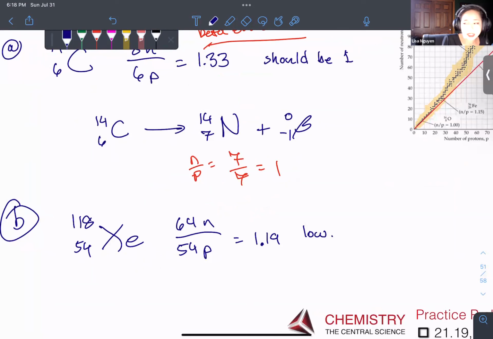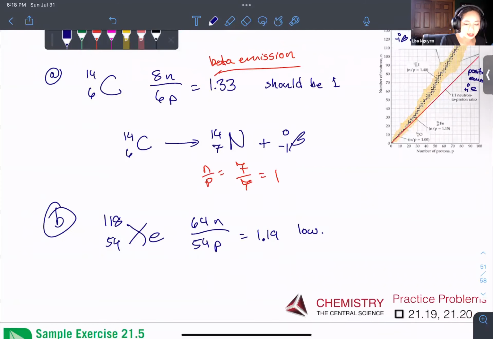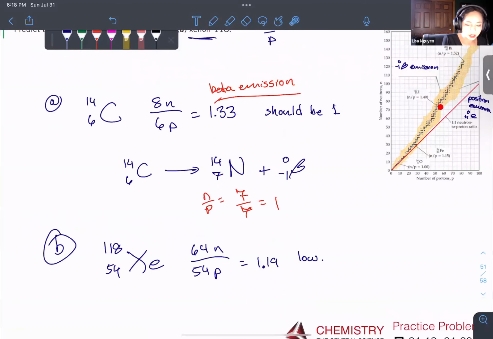Xenon is a fairly heavy element. Based upon the belt of stability, what you see is that heavier elements deviate away from the 1-to-1 ratio. Heavy elements, like bismuth or even iodine, kind of in the middle there, have a neutron to proton ratio of 1.4.